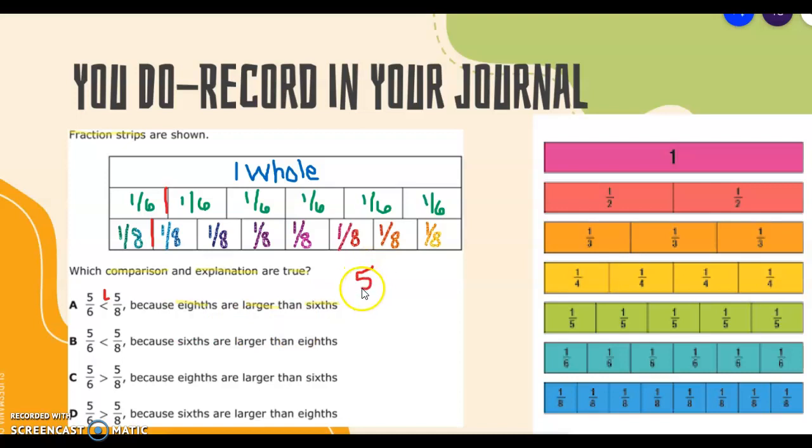So I know that 5/6 is greater than 5/8 because 6ths are greater than 8ths. I also know that 5/8 is less than 5/6 because 8ths are less than or smaller than 6ths.